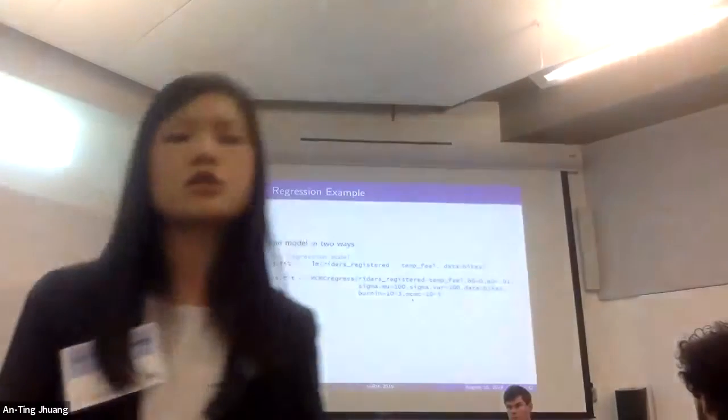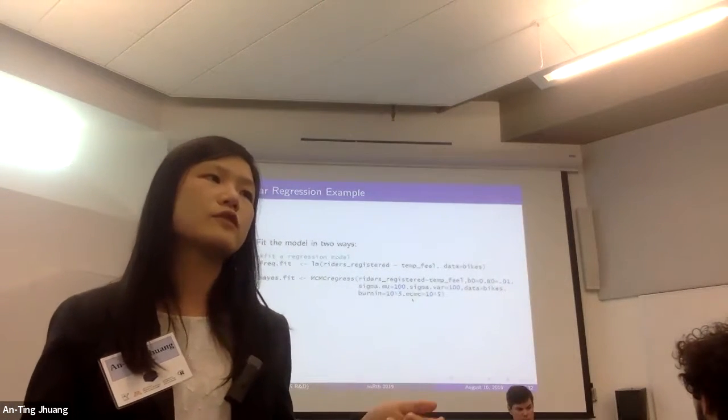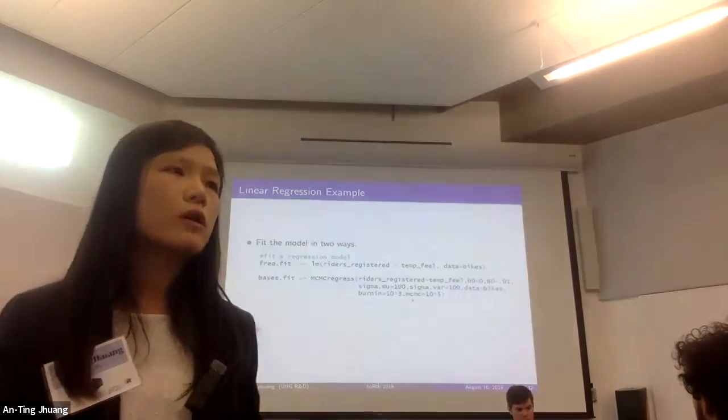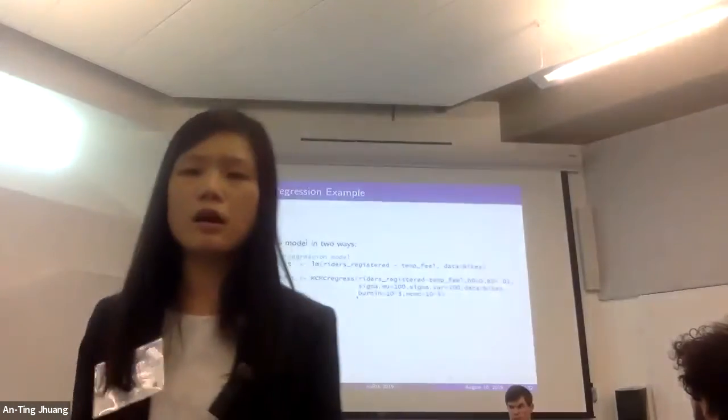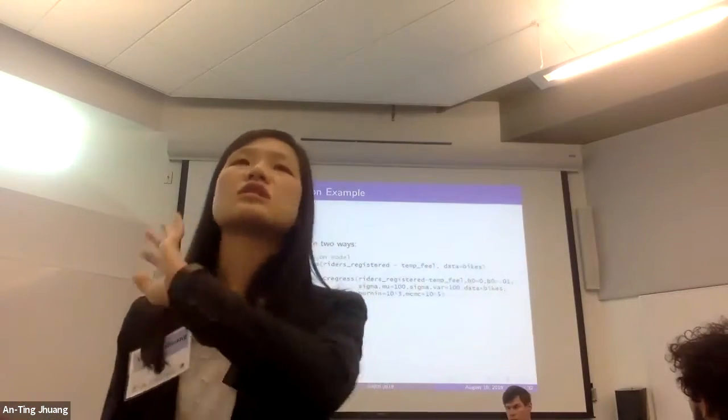Okay, so the last line is burn-in and MCMC. MCMC here is just the size of the posterior sample you want to have. You can have 10,000 or even more, a million. And burn-in is the idea of discarding the first several samples.